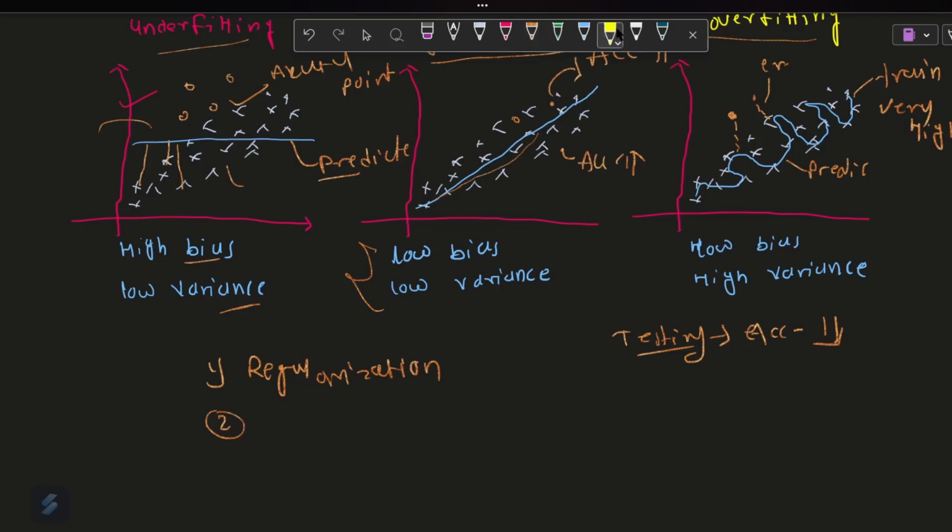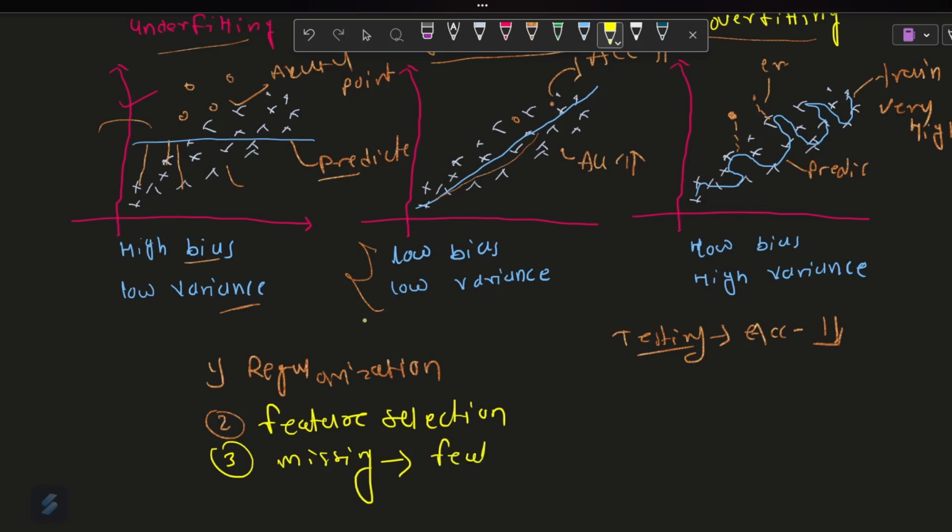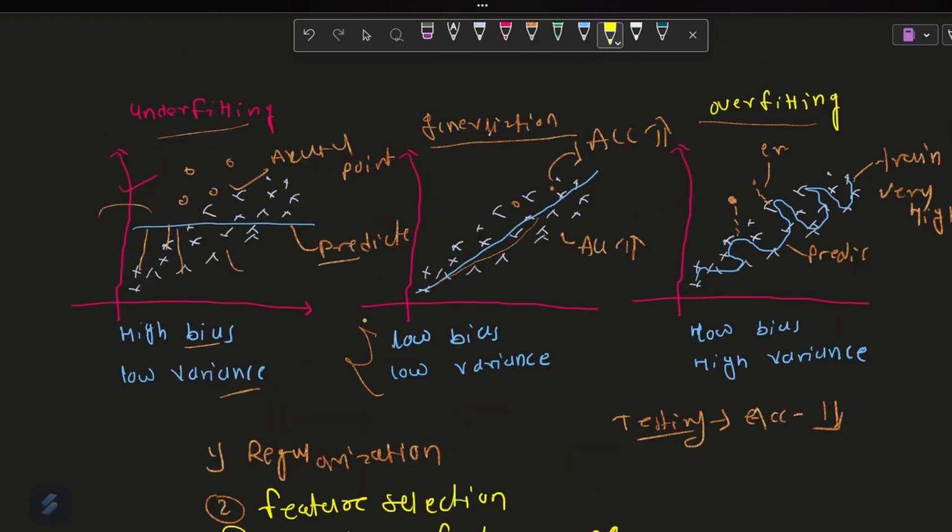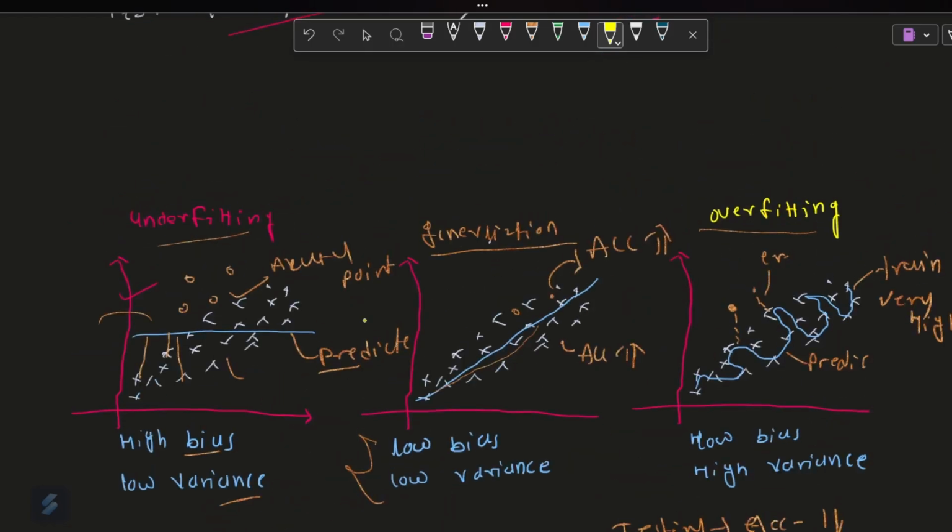Second, we use feature selection, and some basic concepts such as finding missing values. This is feature engineering that you perform. We will perform and implement all these tasks on your underfitting and overfitting conditions. So this is for today's video.